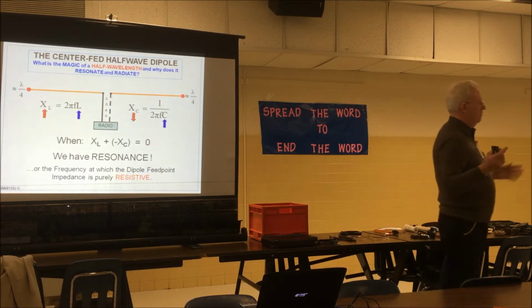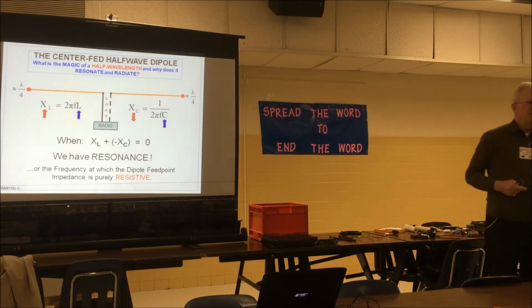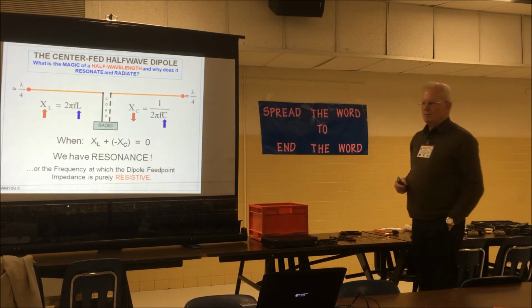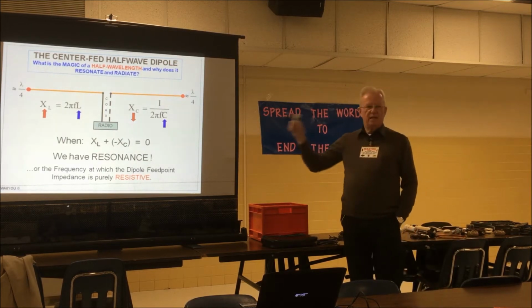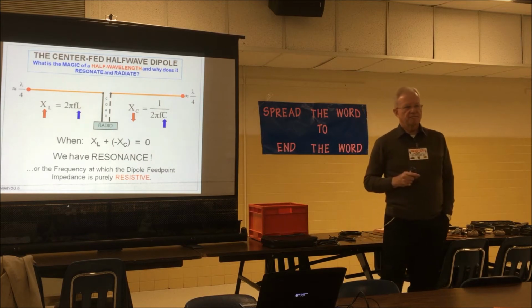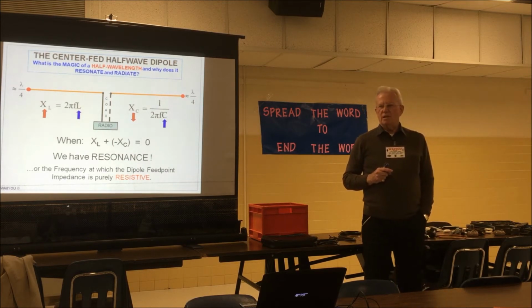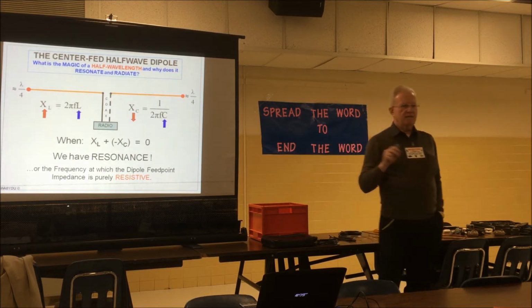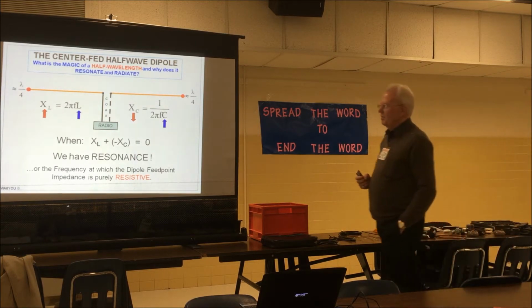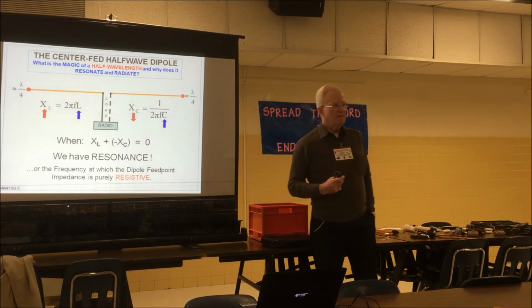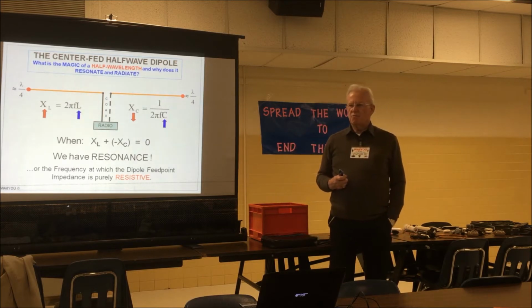And of course, since we're feeding our dipoles with 50 ohms, 50 ohms is pretty much what we're looking for here in this room. Any questions on this? So a little bit of background in electronics helps. We have X sub L, X sub C, okay? So there's this one magic point.